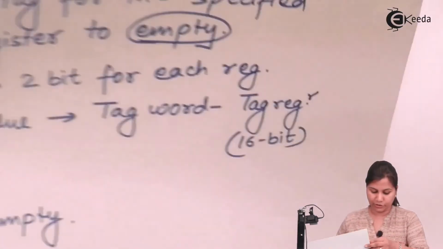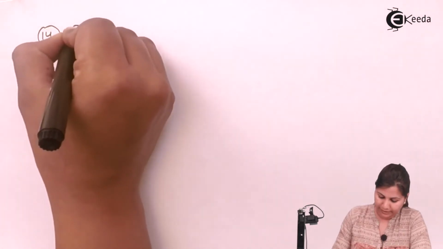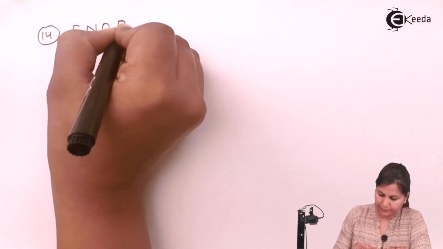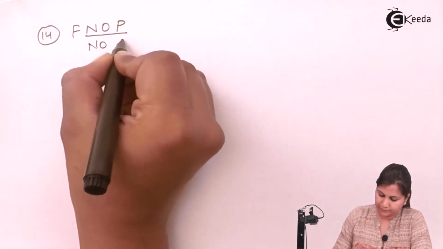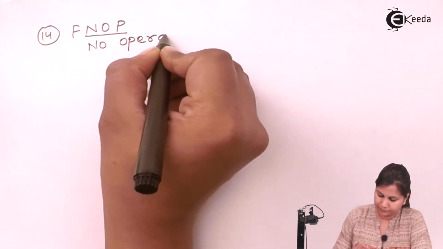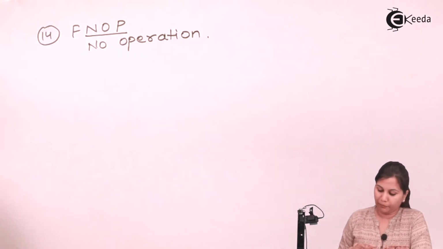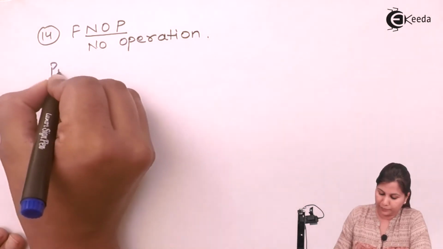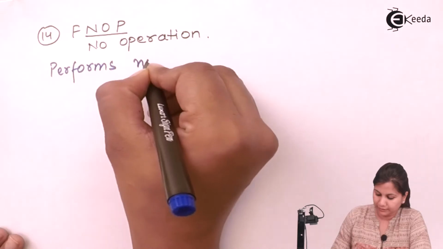Now the next instruction is FNOP. NOP is for no operation. So this instruction performs no operation. No operation is going to be performed by the processor 8087.